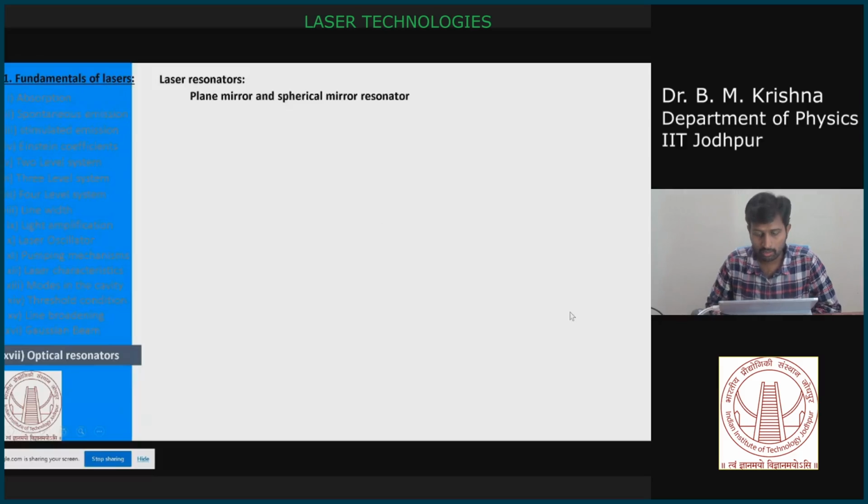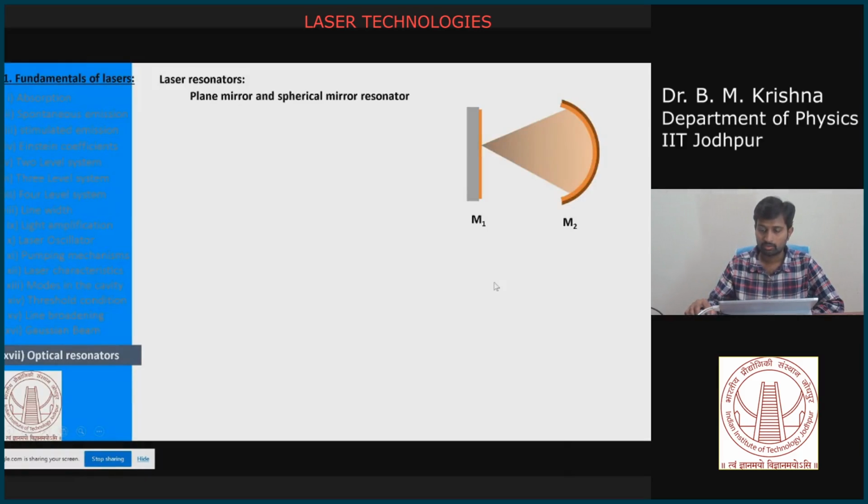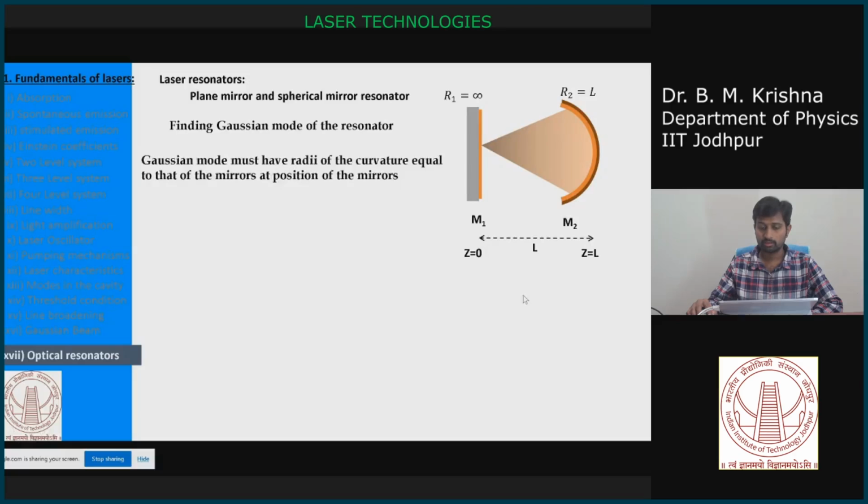Okay, now we consider the other resonator, that is the plane mirror with the spherical mirror resonator. This is the one, your M1 and M2, which have a radius of curvature infinity for the plane mirror and L for R2. They are separated by distance L, at positions Z equals 0 and Z equals L. We are going to find the Gaussian mode of the resonator.